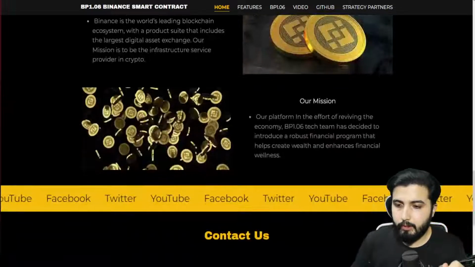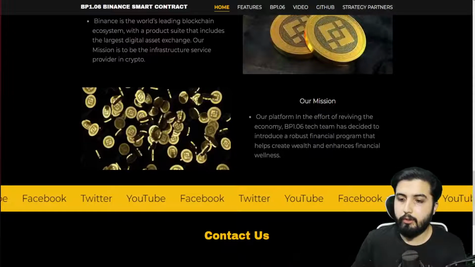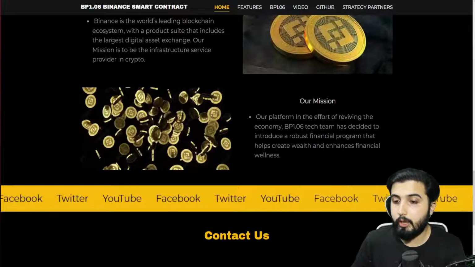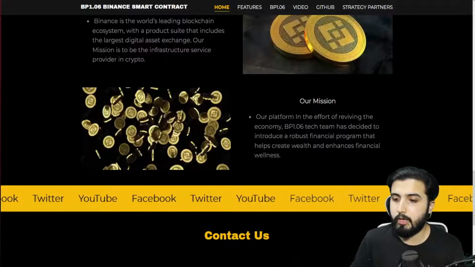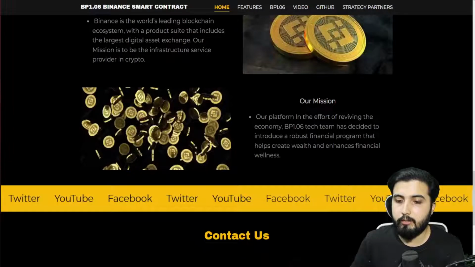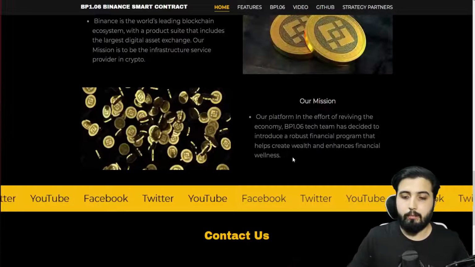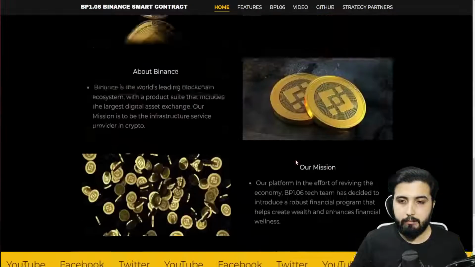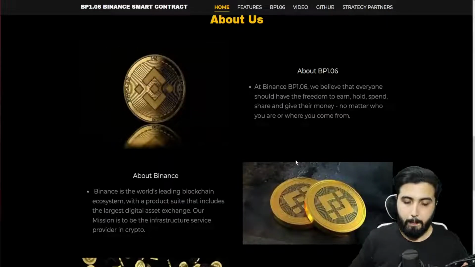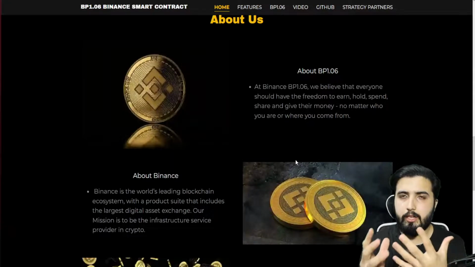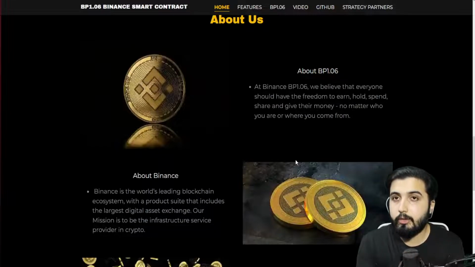So moving forth, it says, our platform, in the effort of reviving the economy, BP 1.06 tech team has done to introduce a robust financial program that helps create wealth and enhance financial wellness. Now, one thing that I want to put out in this one is that you do need to realize this one thing. Money is not something that is created. Crypto does not just create money. It's not like it's making new bills and bills, right?